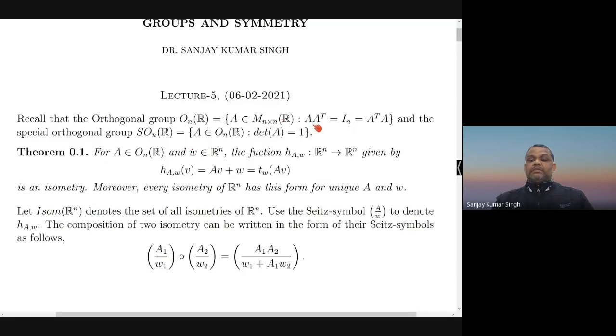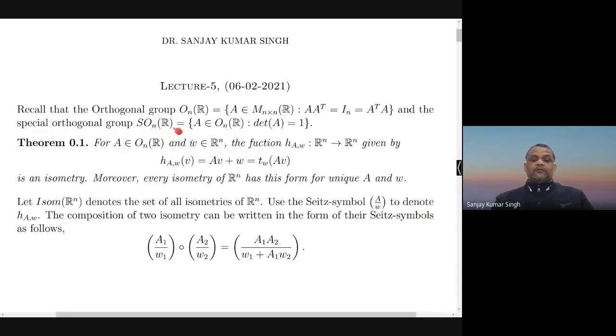And it also implies that either the determinant of A is 1, or the determinant of A is equal to minus 1. So with respect to 1, this forms a very nice subgroup of O_n, and it is called the special orthogonal group and denoted by SO_n.